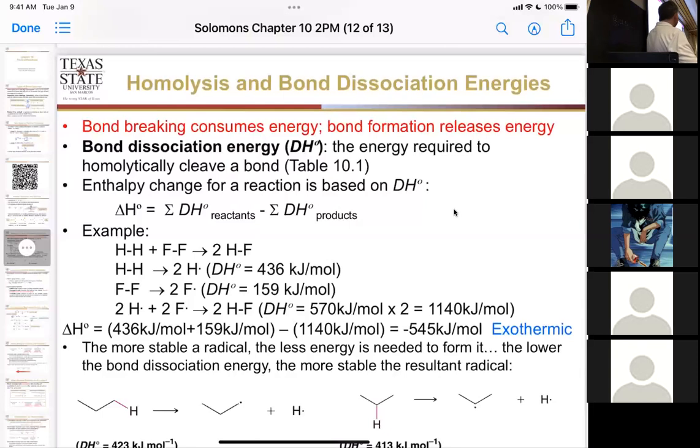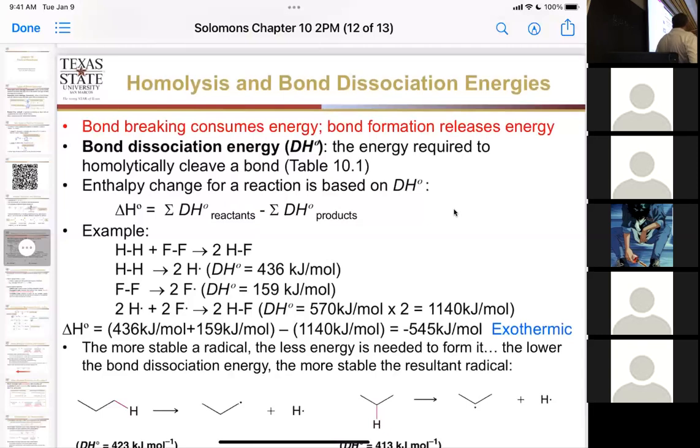And then if we reacted those sets of fluorines, it would actually give us 570 kilojoules per mole for each of these reacting. So that's a total of 1146 kilojoules per mole. Now, whenever we have this, we want to take the total energy change in your reaction, which is the sum of all of your reactants minus all of your products. And if your number is negative, that means it's releasing heat. It means it's an exothermic reaction and the reaction will be spontaneous and move forward.